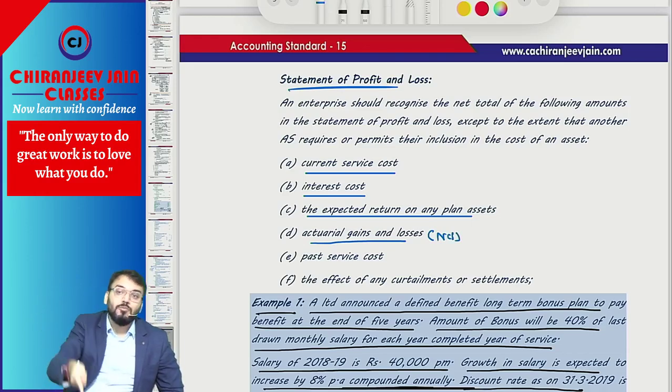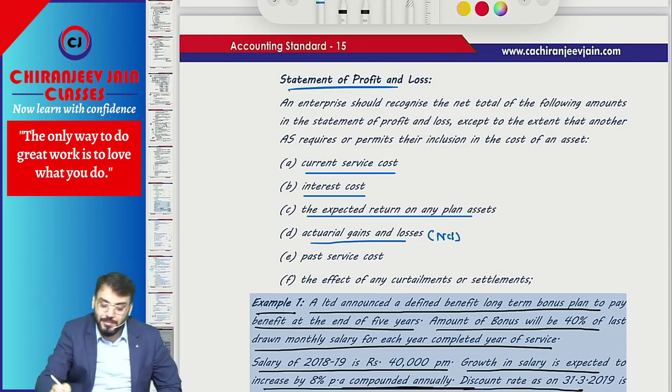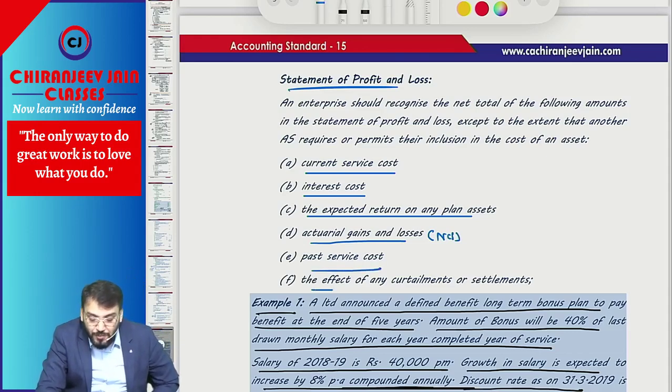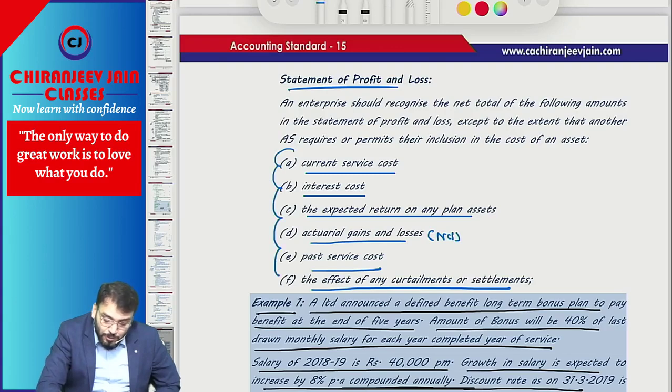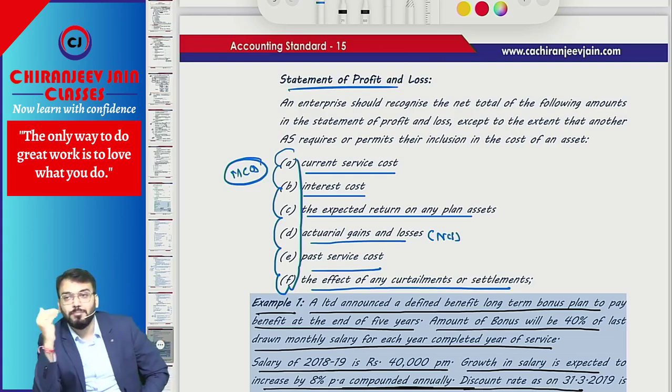So the net amount will be charged to PL: actual gain or loss on DBO plus or minus actual gain or loss on plan asset. Past service cost, effect of any curtailment or settlement. This all will be transferred to PL. Important for MCQs.